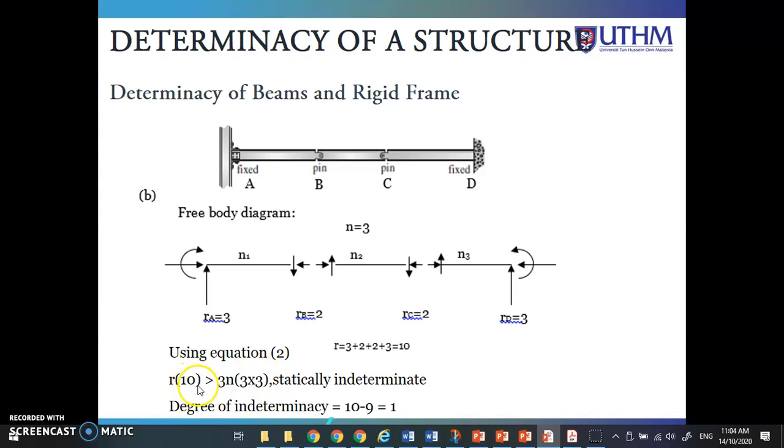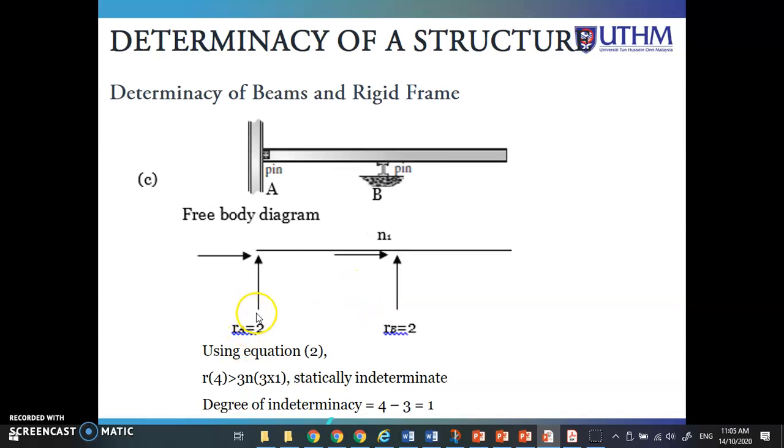So R here is greater than 3N. Okay, so it is called as the statically indeterminate. And the difference between R and 3N we call as a degree of indeterminacy. So here degree of indeterminacy is 1.